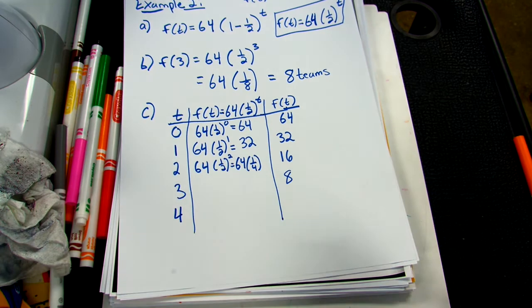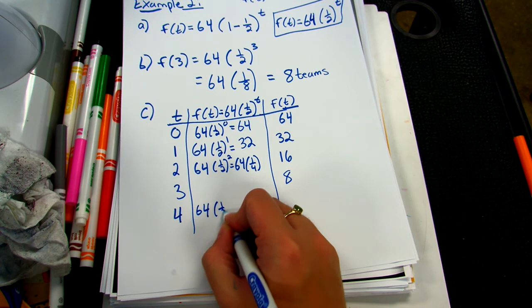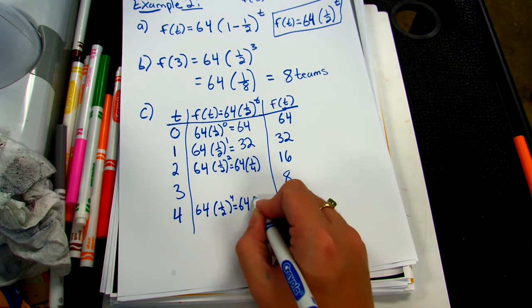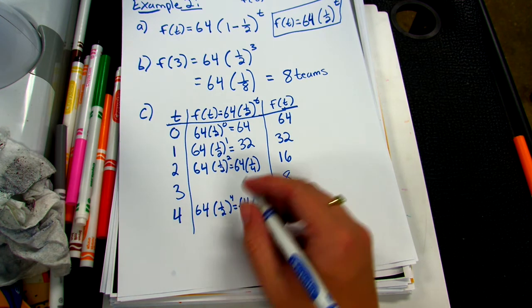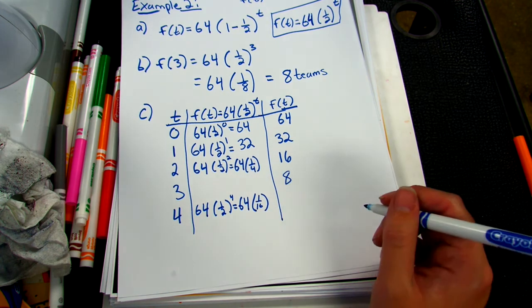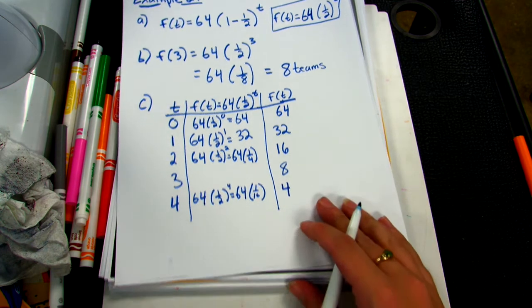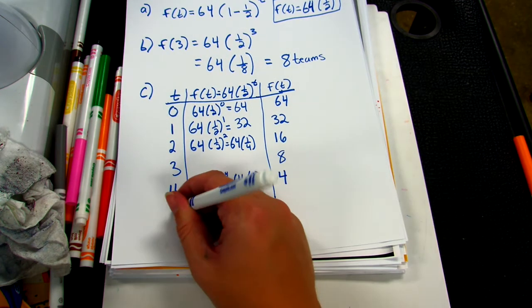After 4 rounds, that would be 64 times 1/2 to the 4th power. So 1/2 to the 4th power is 1 over 16. And 64 times 1 over 16 is 4. So now we're up to 4 teams. We still have to keep going because we only want 1 team.